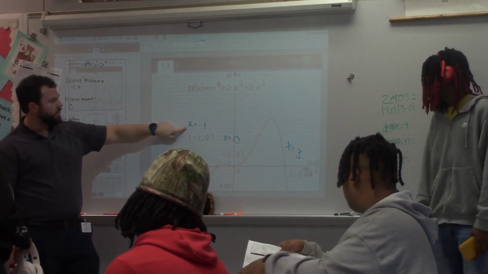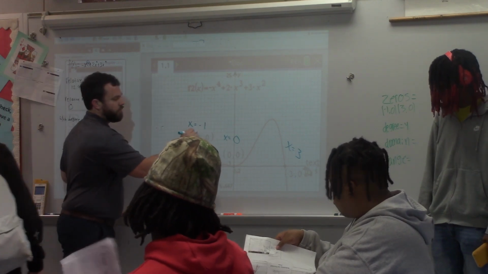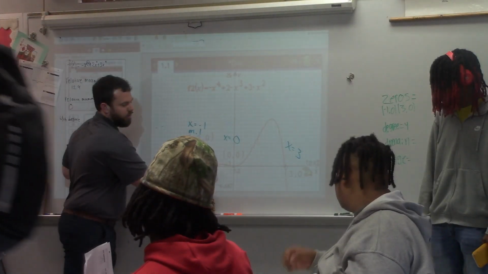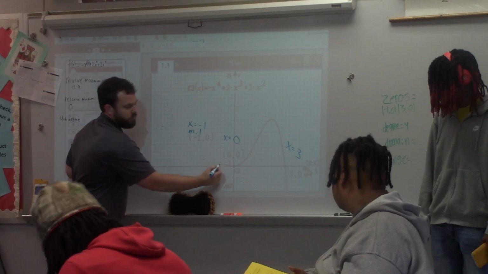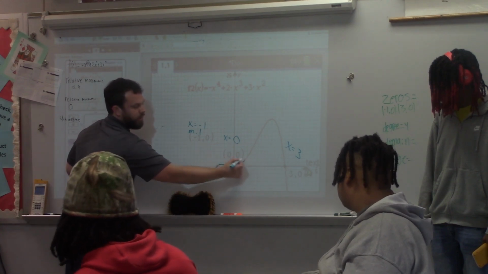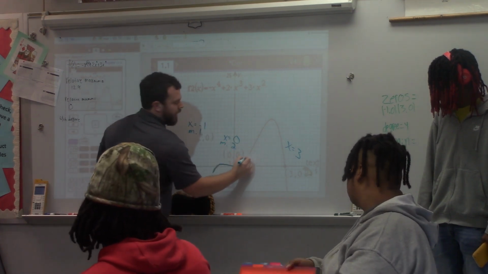But how many times do we have this zero right here? Why is it only one time? What's it doing? Just going through. What about x equals 0? You see how it's touching and then bouncing? That's a multiplicity of 2. And this is a multiplicity of 1.